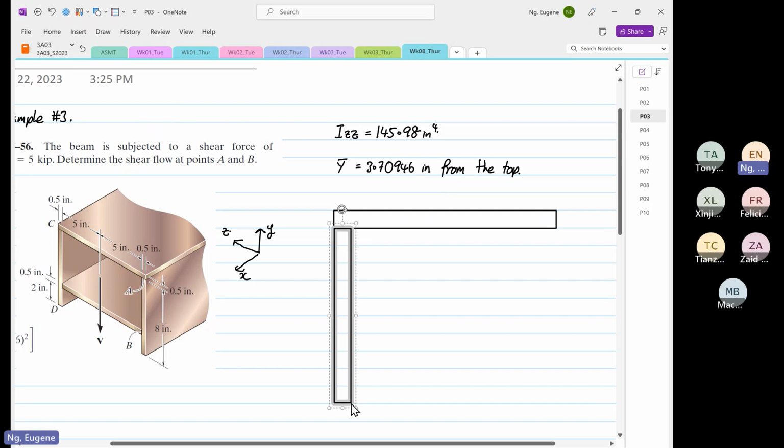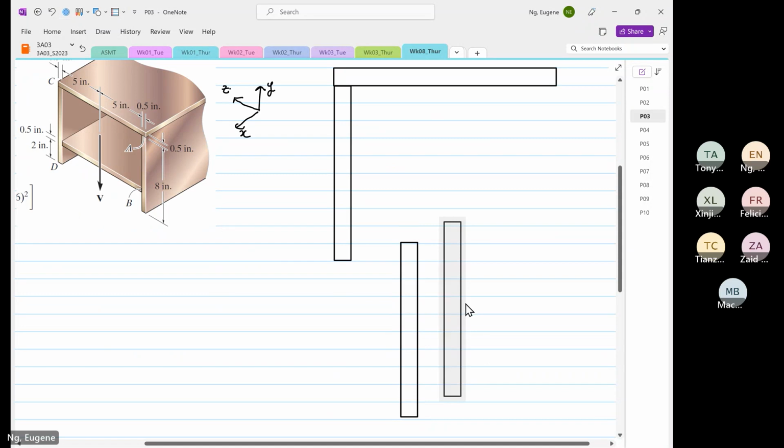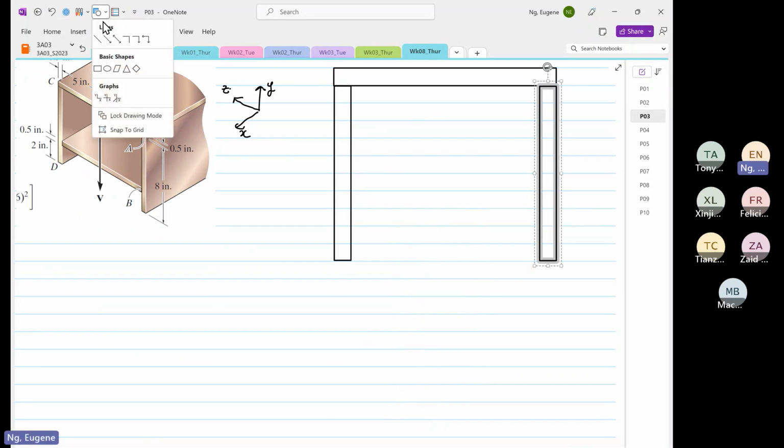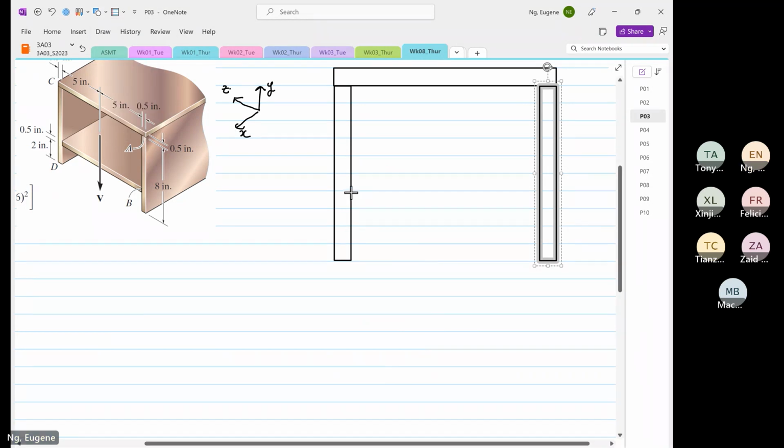Okay, this time I'm not doing it to scale, okay? And then we have a horizontal one down here. A very interesting example. Okay.